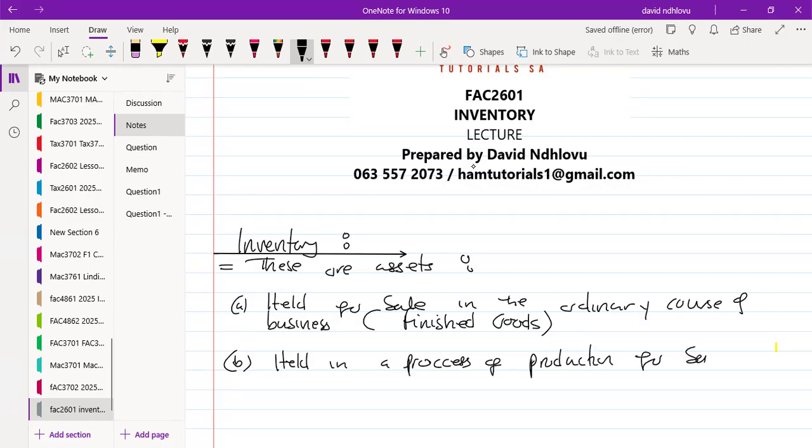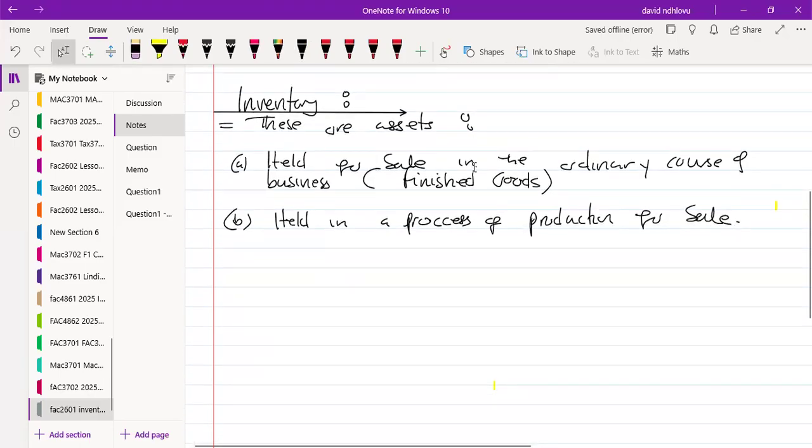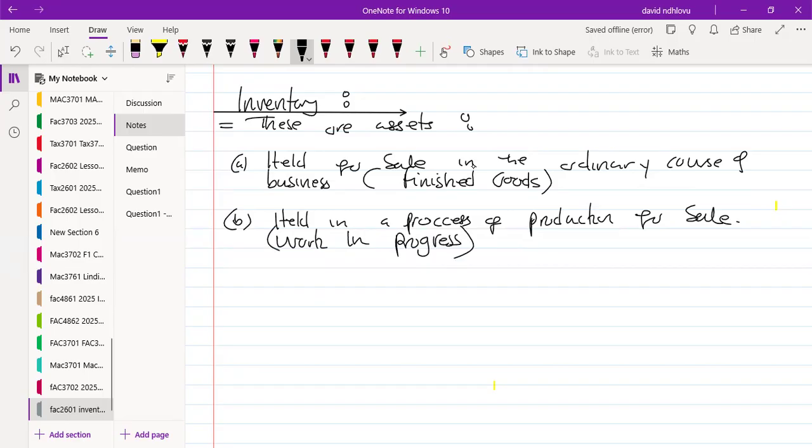Other entities don't buy for sale; they manufacture products that they then sell. If the product is still on the production floor, still being manufactured in your factory, we call that work in progress. Work in progress means incomplete goods still in a process of manufacture, and it is also inventory.